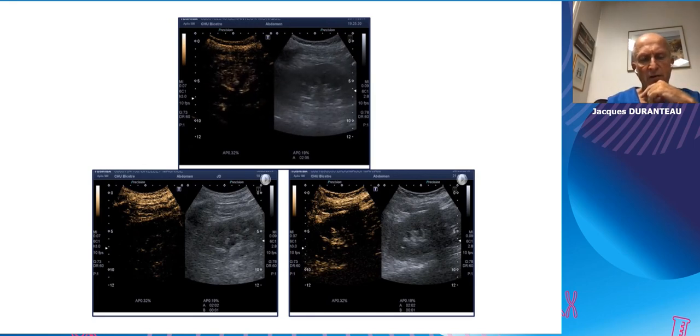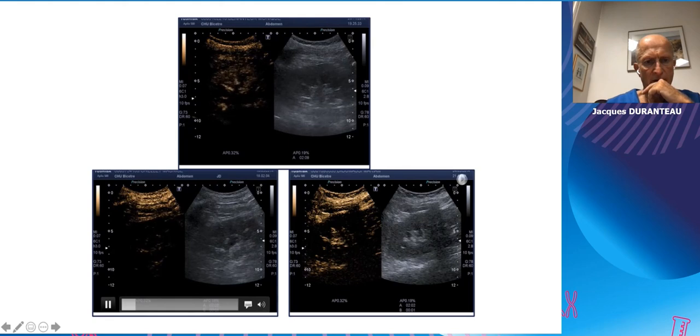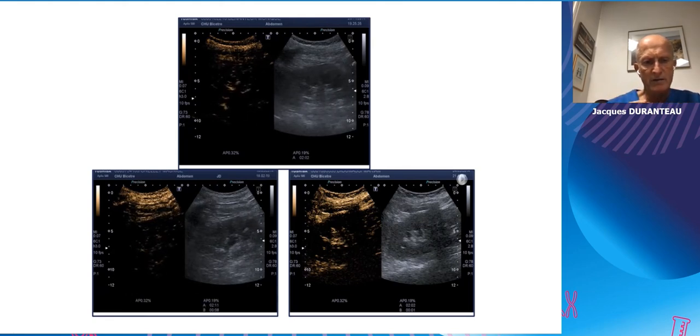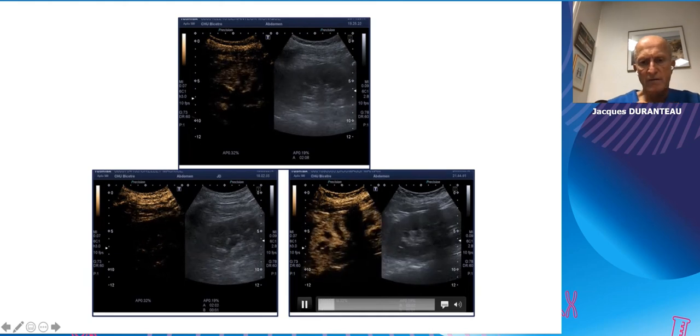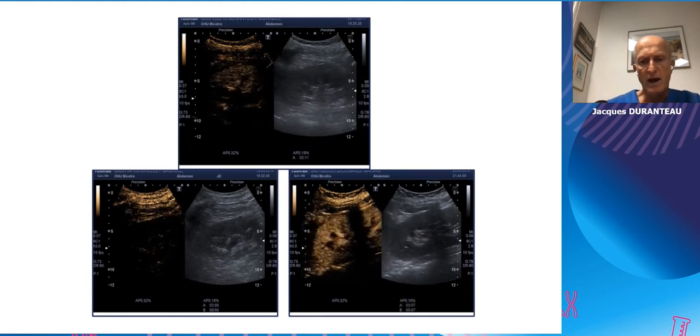At the bottom of this slide, in this patient, the microcirculation is normal, and here you clearly have a severe alteration of microcirculation. There is no flow at the cortex. And in this last patient, you clearly have a high flow.